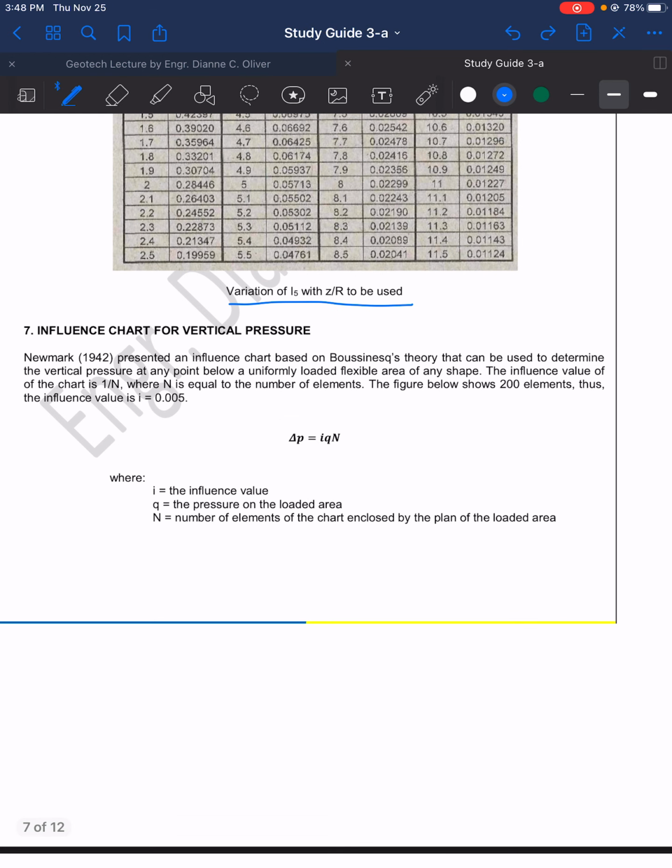Next, number 7, we have the influence chart for vertical pressure. So this influence chart is the one presented by Mr. Newmark.